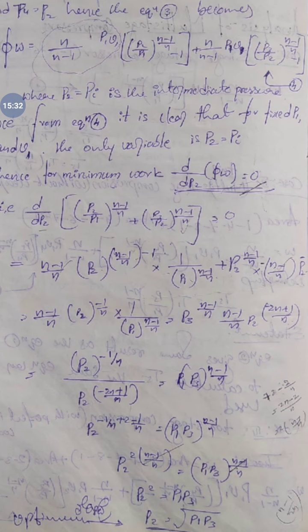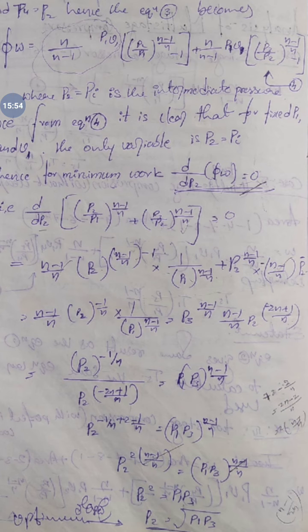Let us take this as equation 5. Now if you substitute equation 5 into equation 4, that is P3 by P2 replaced by P2 by P1, we are going to get 2n by n minus 1 P1 V1 in the bracket (P2 by P1)^((n-1)/n) minus 1. Take this as equation 6.